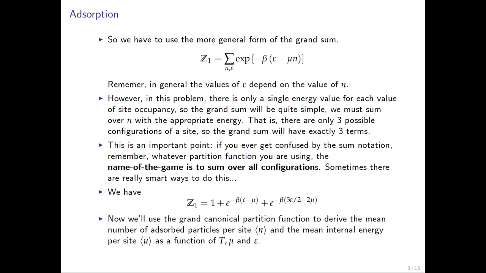Now we'll use this grand canonical partition function to derive the mean number of adsorbed particles per site, which we'll call bracket N, and the mean internal energy, bracket U, as a function of temperature, chemical potential, and this energy scale epsilon.